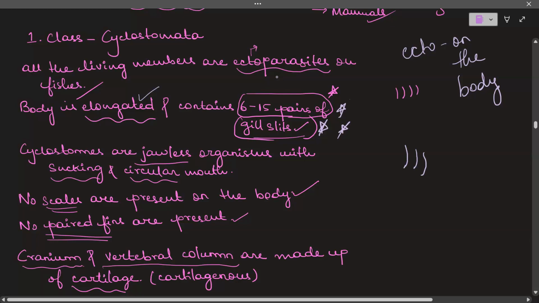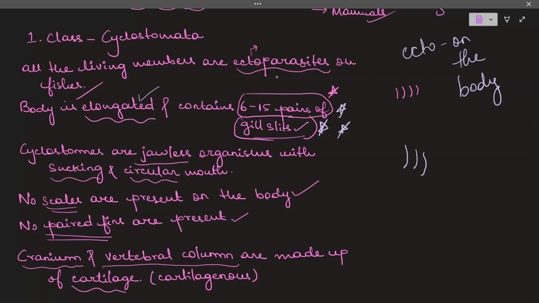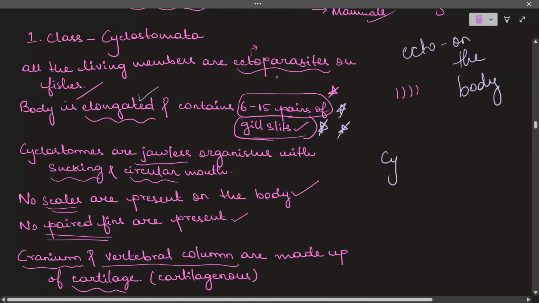Now, cyclostomes are jawless organisms with a sucking and circular mouth. The word cyclo refers to circular, and the word stoma means mouth. So those organisms that have a circular mouth are known as cyclostomes.